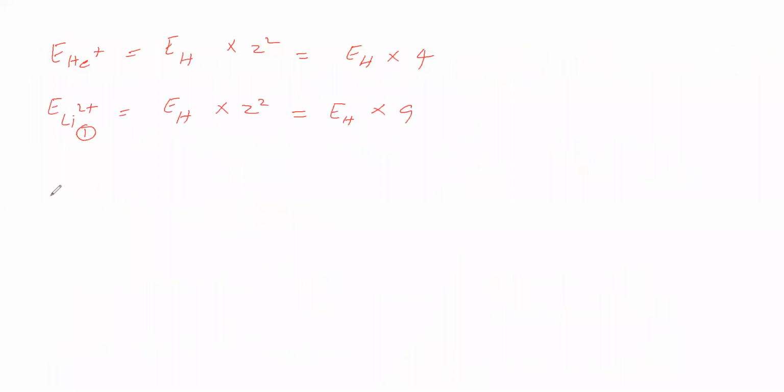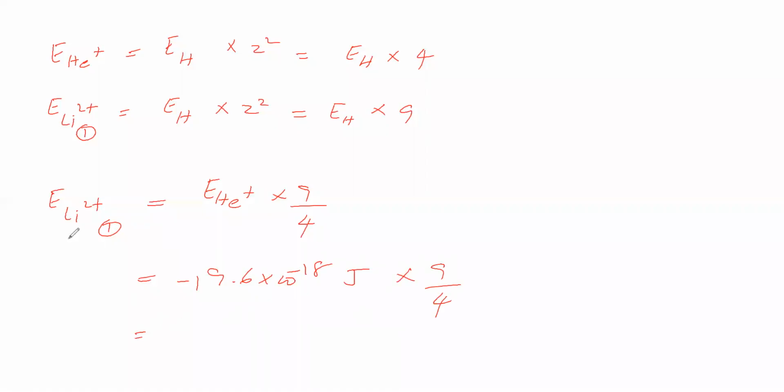Now we write the energy of Li2 plus in the first state, and substitute EH. EH is equal to energy of He plus by 4. The energy of He plus is given as 19.6 into 10 to the power of minus 18 joule, into 9 by 4.